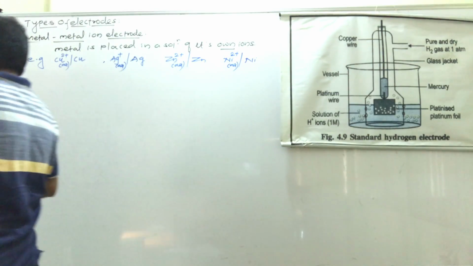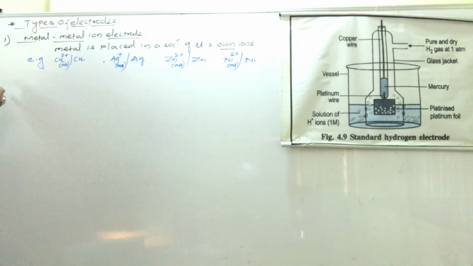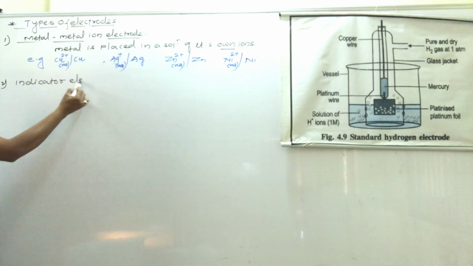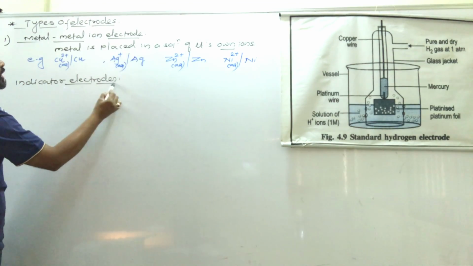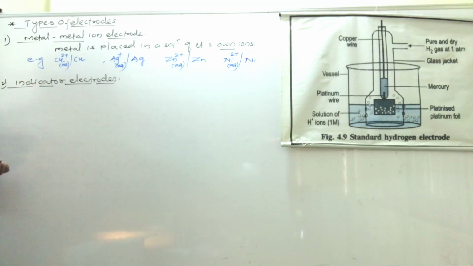Then see, the second type of electrode is the indicator electrode. So what are indicator electrodes?